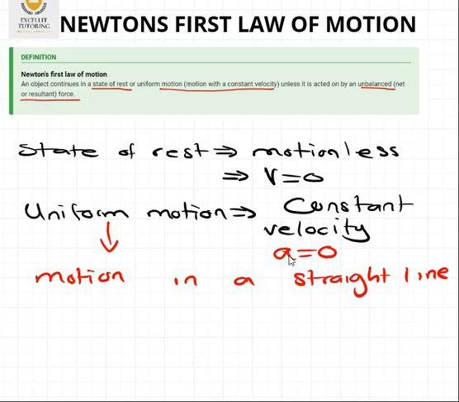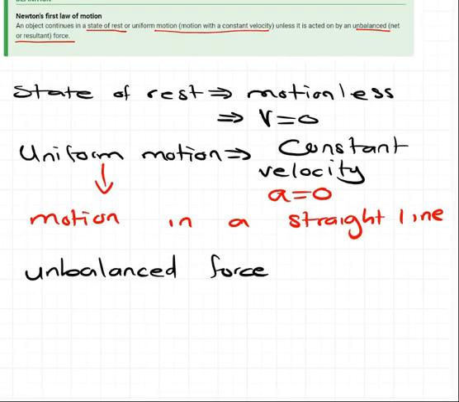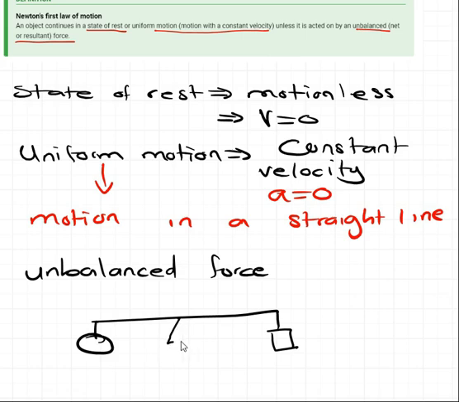And then lastly, they speak of an unbalanced force. What is an unbalanced force? Okay, now we understand the concept of balance. If we were to explore the concept of balance, this simply means that, assuming that we have a scale, we have an object here, we have another object here, resting maybe on a table.